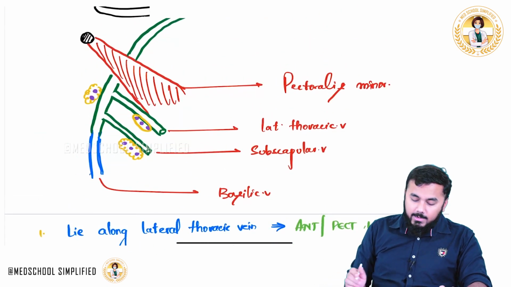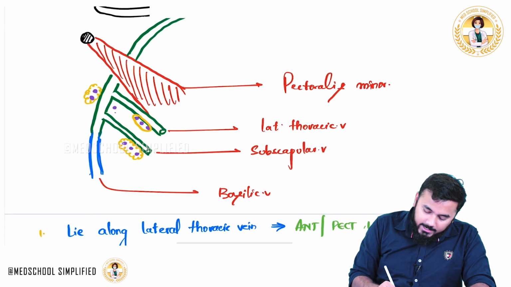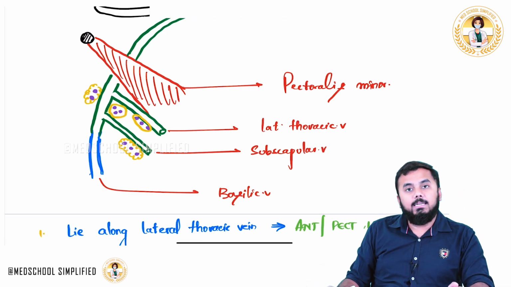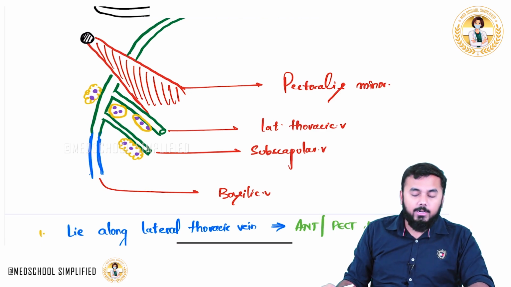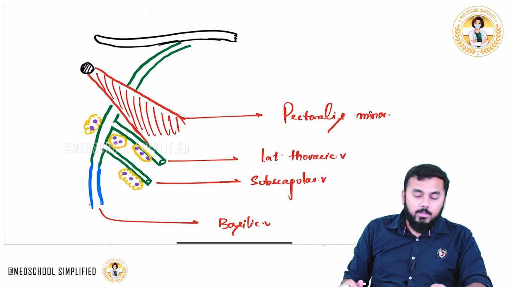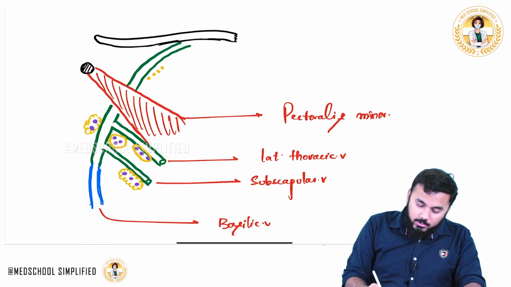Next important thing is that we have a group of lymph nodes exactly in the center here. These are called central lymph nodes because they are exactly located in the center. Next important thing is that you have a group of lymph nodes along the superior part of the axilla. Right? So this is the superior region of the axilla here.